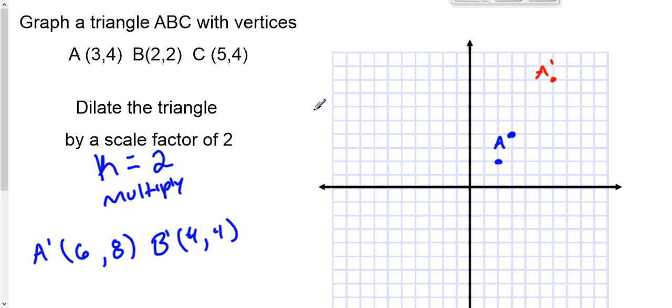Right there. So now B prime is at 4, 4. C was at 5, 4. We have this triangle. C prime becomes 10, 8.